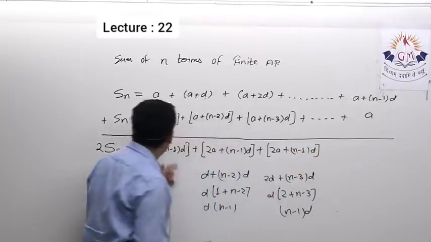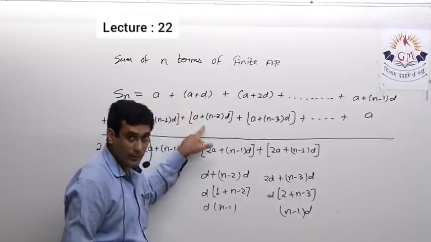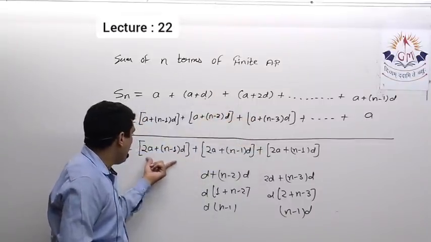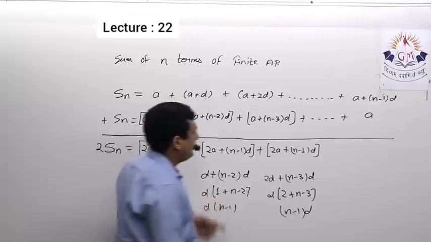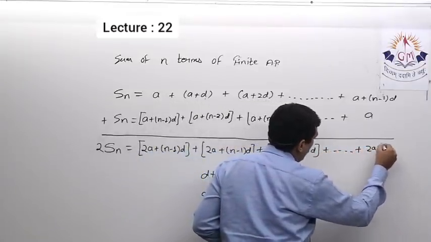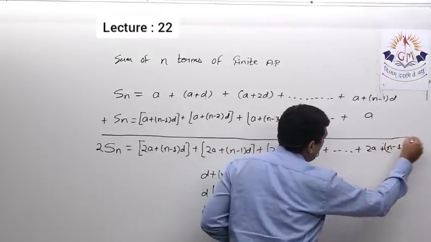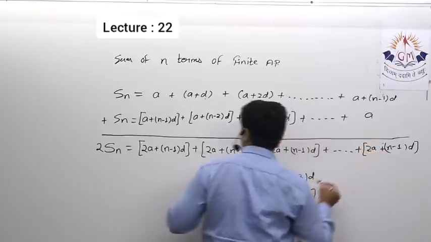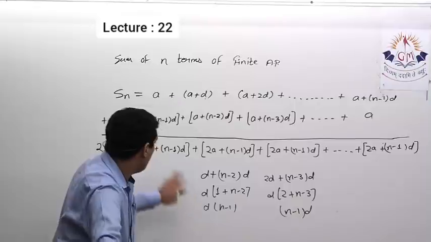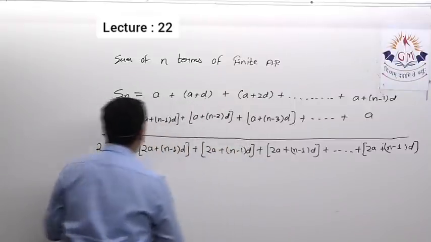So you can observe that if I add the first term and the last term, the second term and the second last term, the third term and the third last term, in order, every time I am getting 2a plus (n minus 1) into d. Now how many terms are there? n terms. So I will get this 2a plus (n minus 1) into d, n times.